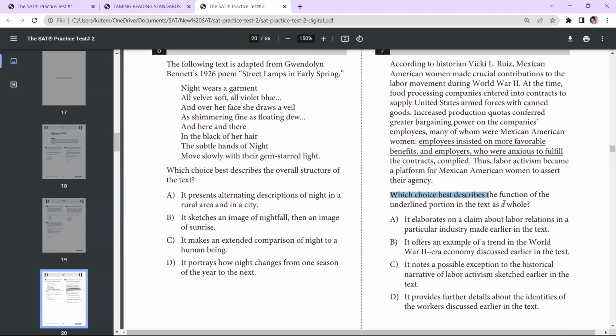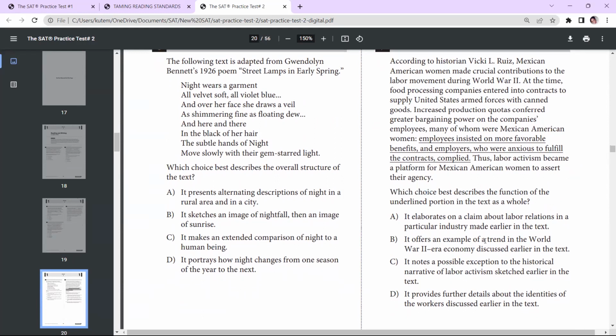The question itself says, which choice best describes the function of the underlined portion in the text as a whole? According to historian Vicky L. Ruiz, Mexican-American women made crucial contributions to the labor movement during World War II. At the time, food processing companies entered into contracts to supply the U.S. Armed Forces with canned goods.